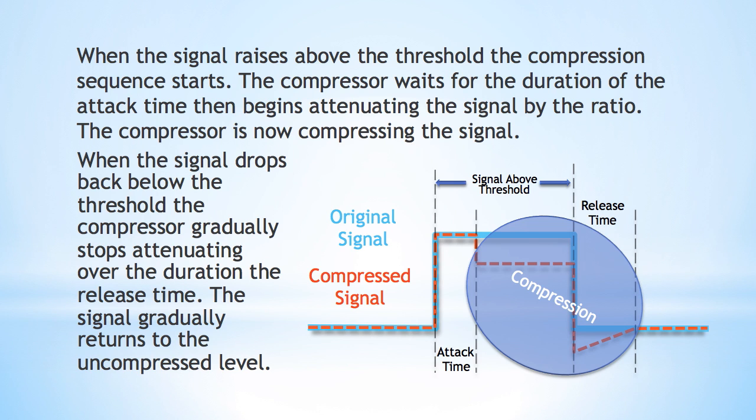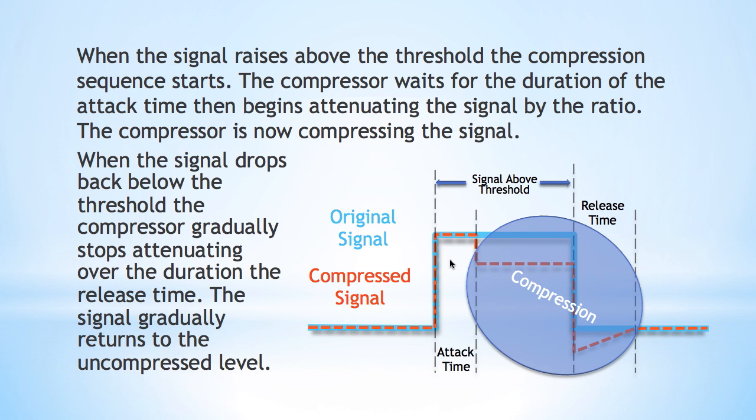The compressor is now compressing the signal. When the signal drops back below the threshold, the compressor gradually stops attenuating over the duration of the release time. So the signal gradually returns to the uncompressed level. And you can see that expressed here in this little diagram.